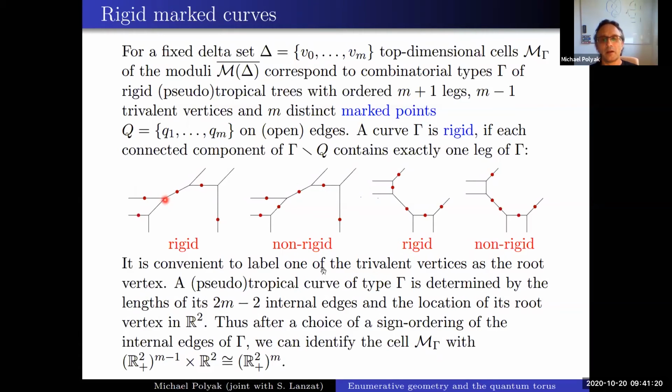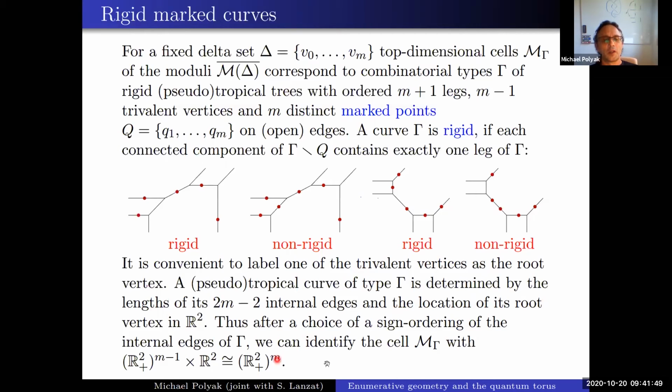So a tropical curve of this fixed type is totally determined by the collection of lengths, and it's easy to check that it's exactly 2m minus 2 such lengths, and the location of one of its vertices. So that's why we call one of the trivalent vertices a root vertex, and we fix its location.